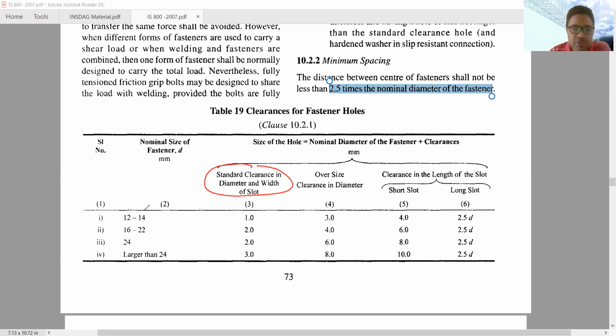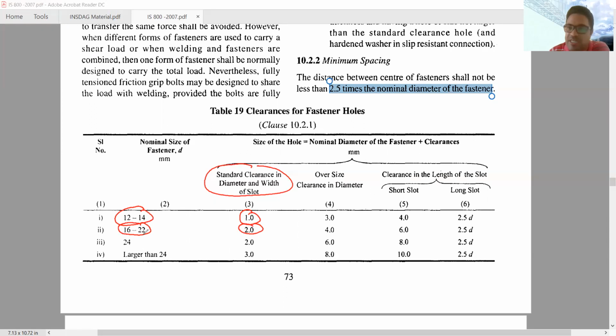If we use a dia of about 12 to 14 mm, in that case we will add 1 mm to the dia of the hole. So if we are using a 14 mm dia bolt, the dia of the hole will be 15 mm. Similarly, if we are using a bolt of dia between 16 to 22, the clearance will be 2 mm.